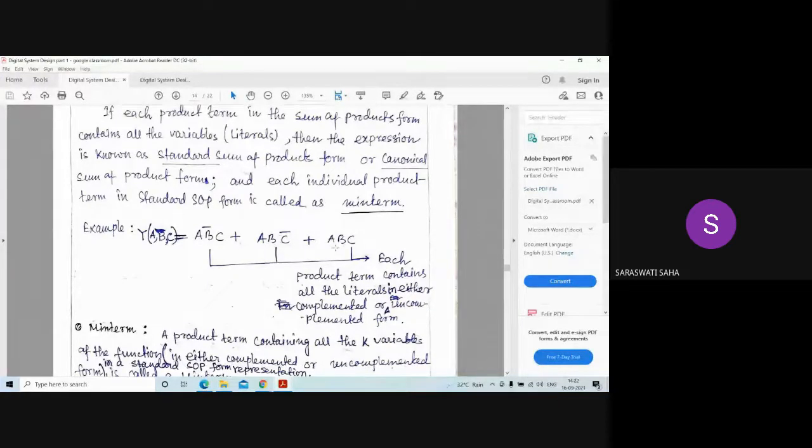Shreya, now you can explain this. What is the difference between normal sum of product form and the standard sum of product form? Just in one line, just explain. Ma'am, I can't. Why? Ma'am, I'm not getting the concept clearly.